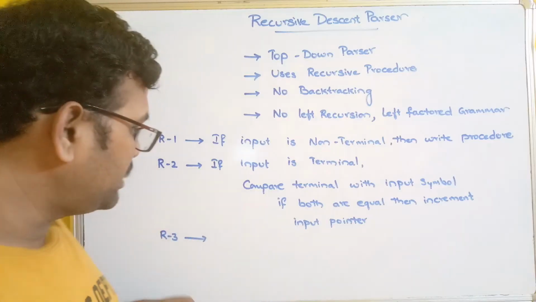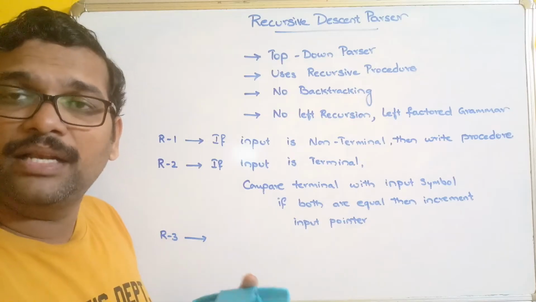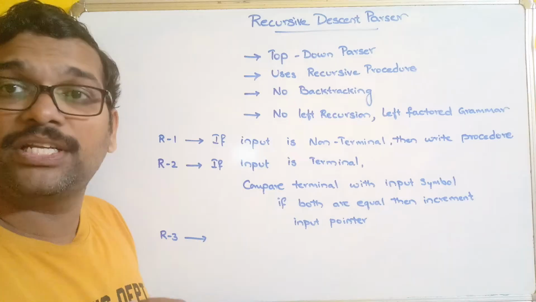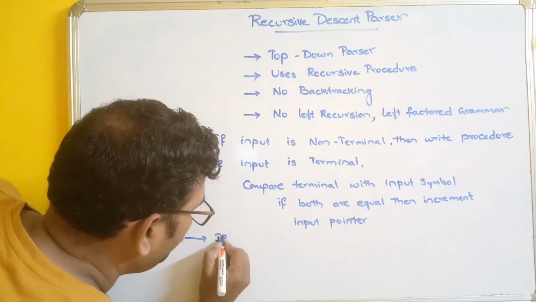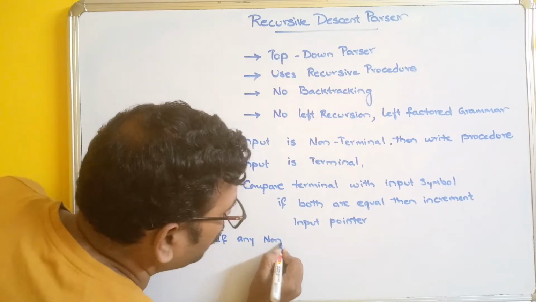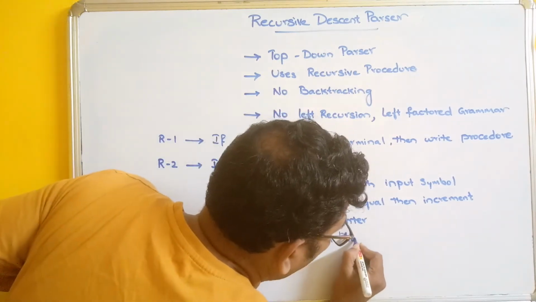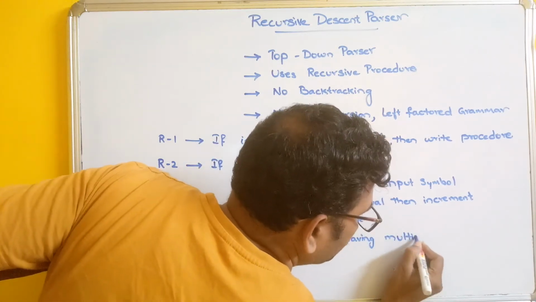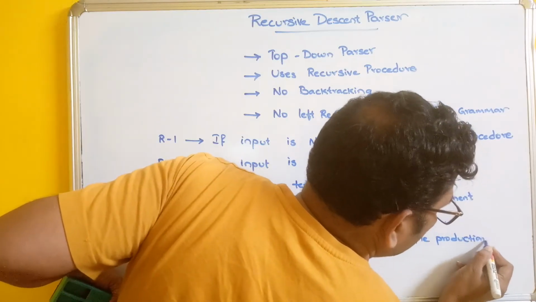Now the next case: if any non-terminal has multiple productions, what do we have to do?